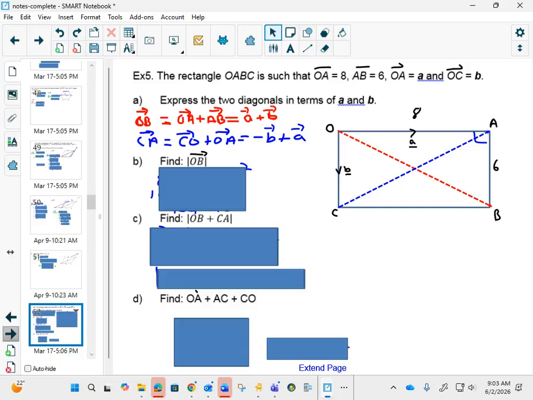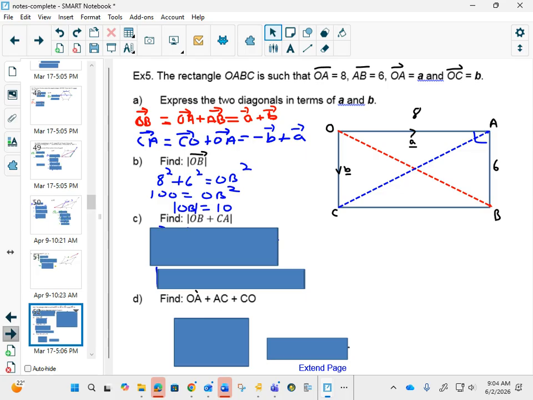So now, how long is O to B? Well, you could just do A squared plus B squared equals C squared. This is your 3, 4, 5 triangle times 2, 6, 8, 10. So O to B is 10.